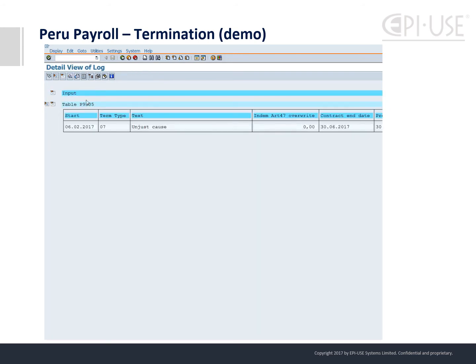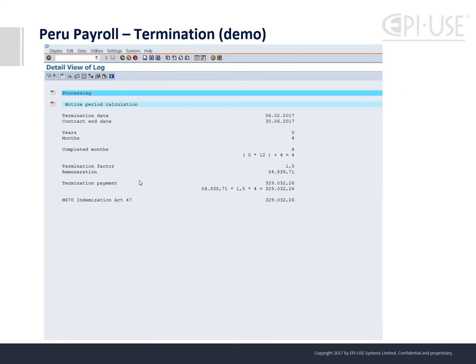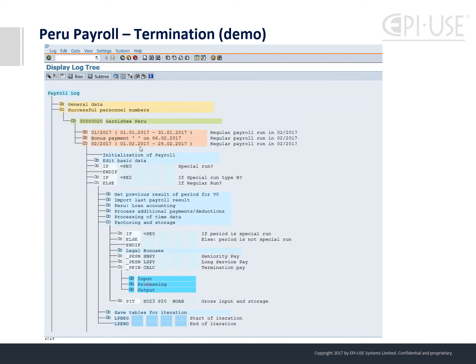We'll read the information from table 9305. If we look at the processing, we will see that the payroll takes into consideration the date, the completed months, there's a termination factor, termination payment, and it will show how the system gets to this termination pay amount.